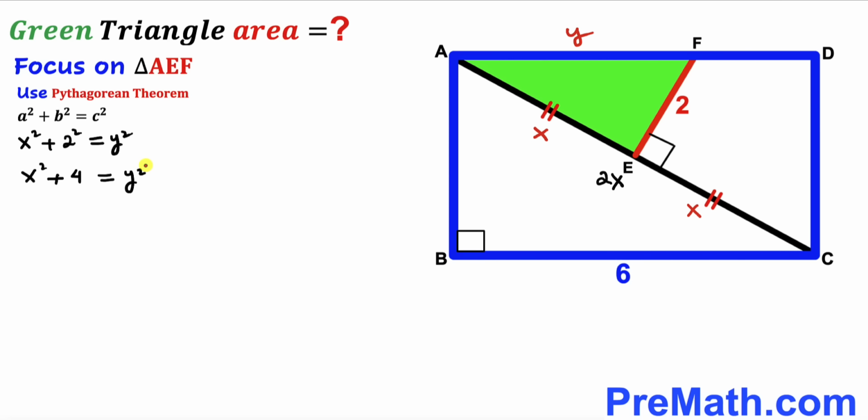And now I'm going to undo this square by taking a square root on both sides of this equation. So therefore our y value simply turns out to be the square root of x square plus 4. So therefore I can replace y with the square root of x square plus 4.